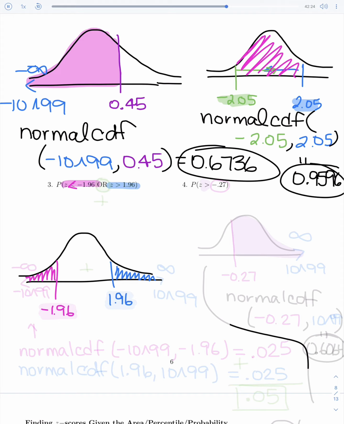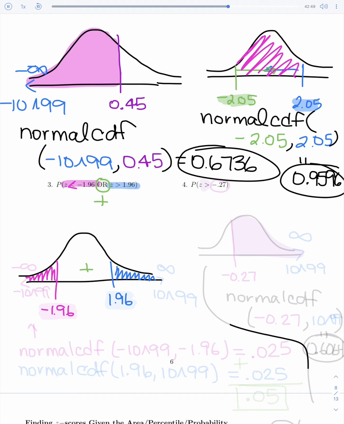And then remember what the word or means. In probabilities, it means to add. So it means we want to take these two areas and add them up. Now, what's really nice is that these two areas are going to actually end up being the same. And the reason why they'll end up being the same is because, what did we say about normal curves, is that they were symmetric.